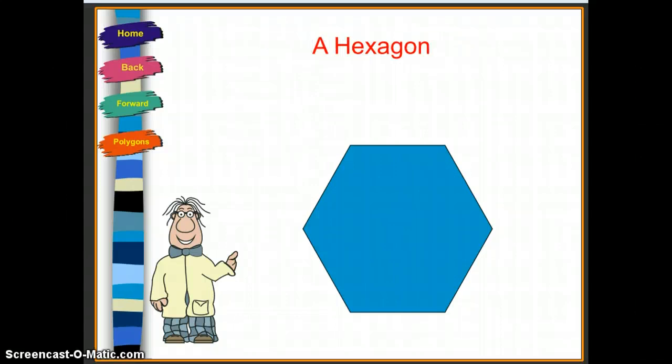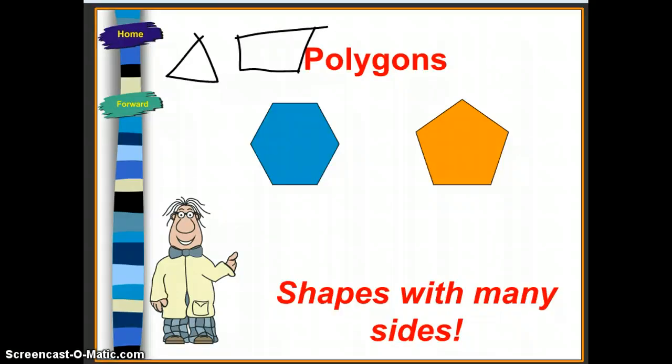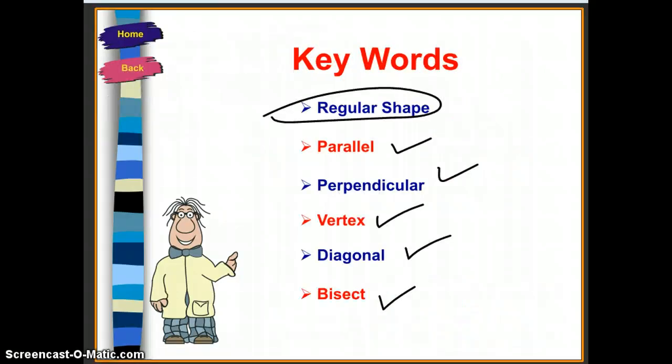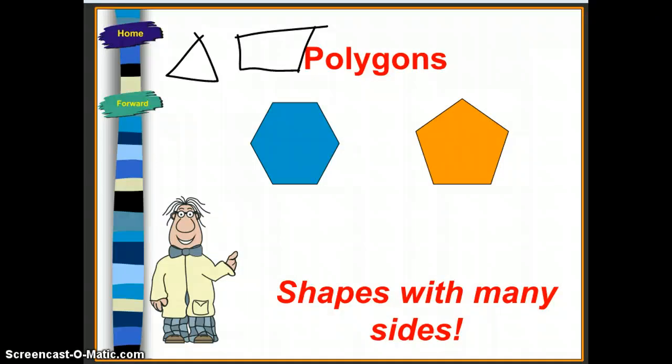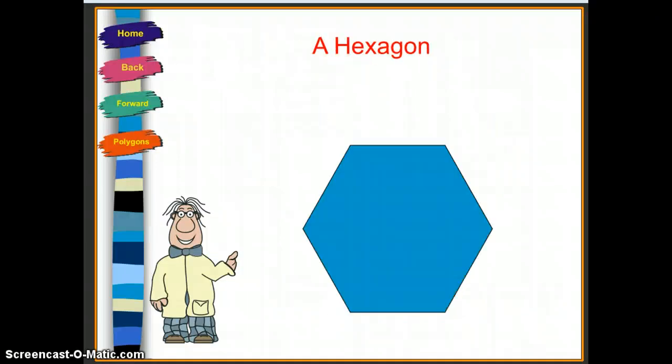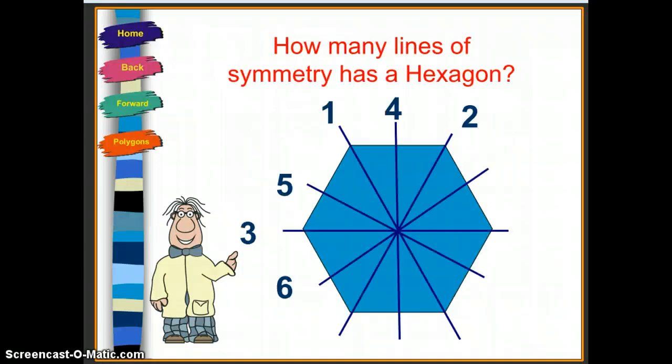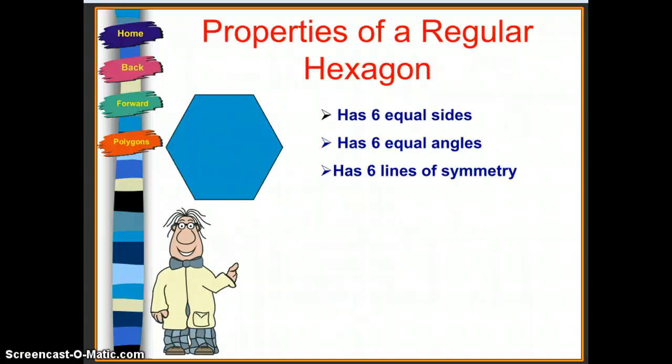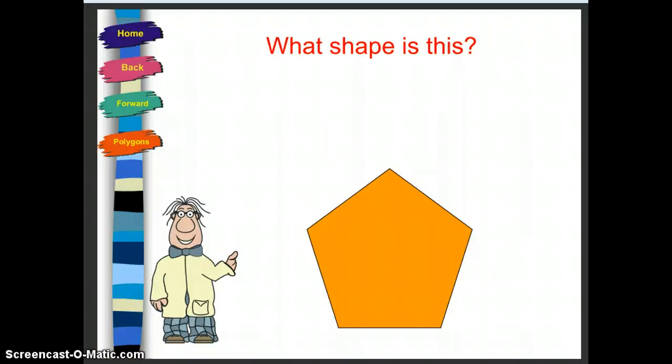Oh, sorry, that jumped ahead. We didn't get to a pentagon. We actually went straight to a hexagon for 6, and 6 lines of symmetry, because that's a regular hexagon. So all of those lines and all of those angles are the same.